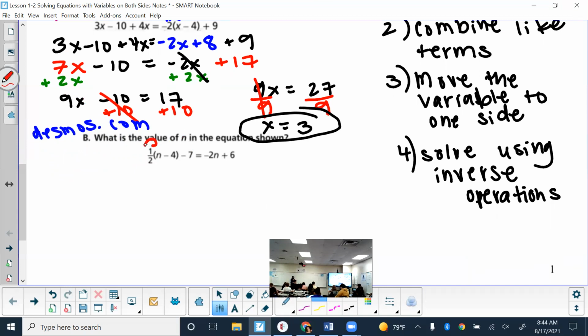Distribute. This time we're distributing a fraction. The first part you can't put in your calculator, so you just rewrite it. It's 1/2 n. But in your calculator, I want you to do 1/2 times -4. If you have a handheld calculator, or really in Desmos too, you can do this as well, just as a good rule of thumb. Always put your fractions in parentheses.